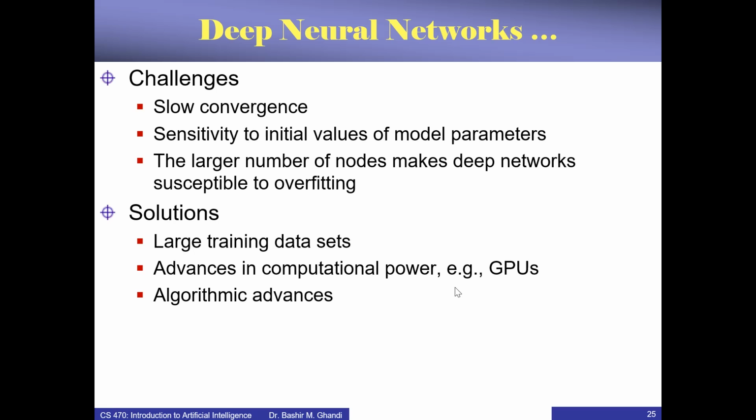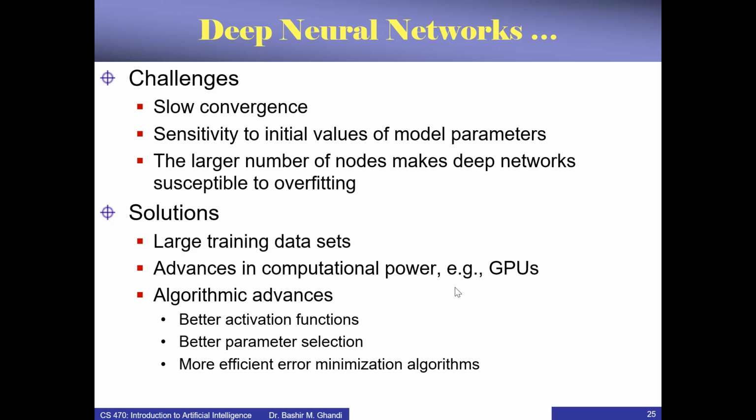Also, there are advances in the algorithms that are used. For example, there are now better activation functions. Instead of relying on the sigmoid function, for example, there are now many other ways to achieve the activation. Better parameter selections are now available, and also more efficient error minimization algorithms.